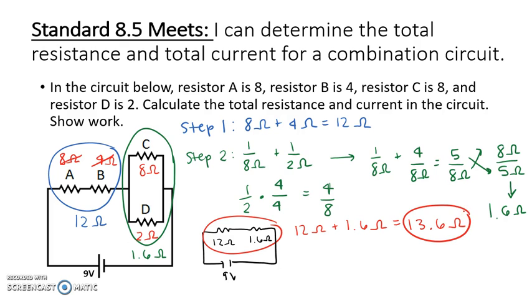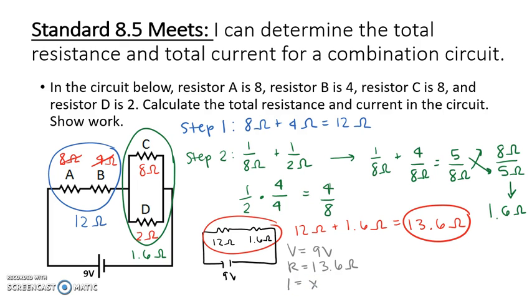That's my total resistance. The last thing that it asked me to solve for is my total current. If I know that my voltage is equal to 9, my resistance is equal to 13.6 ohms, all I'm looking for is my current.